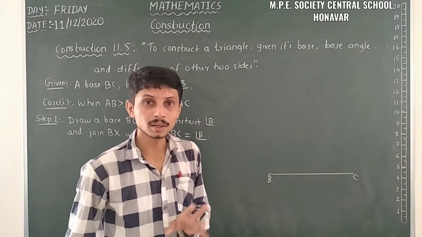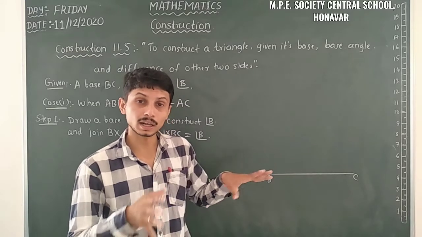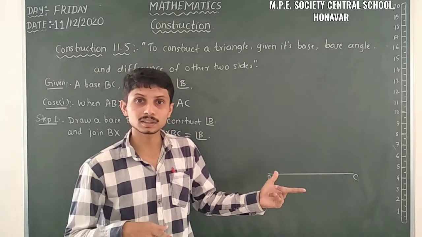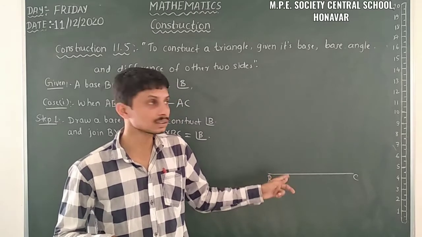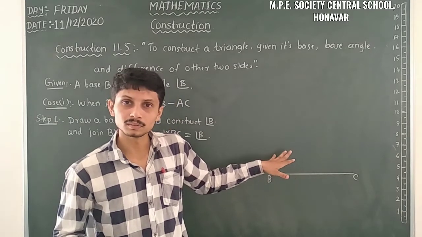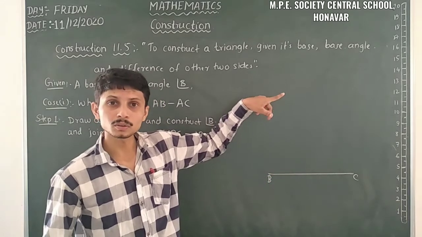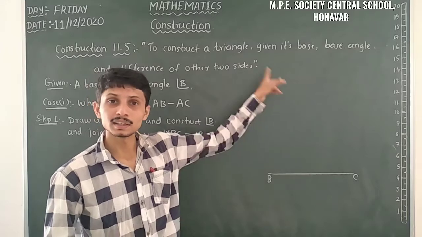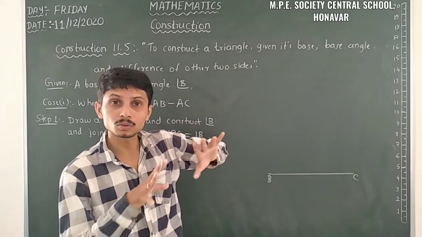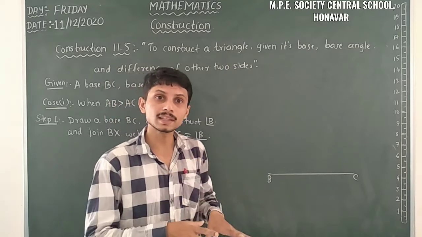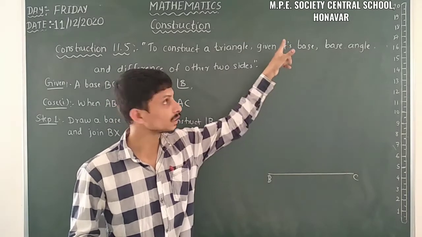Just remember, in the last construction we learned that initially we have to take 60 degrees. It is possible to take 60 degrees, but when we extend the lines, the perpendicular bisector we drew does not intersect within this limited board region.